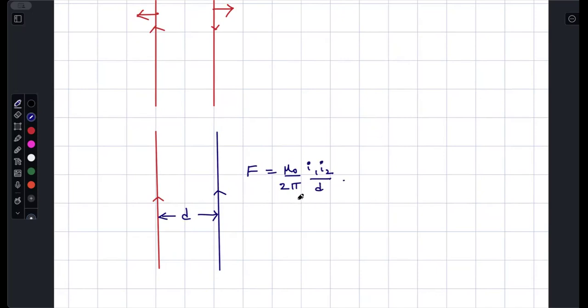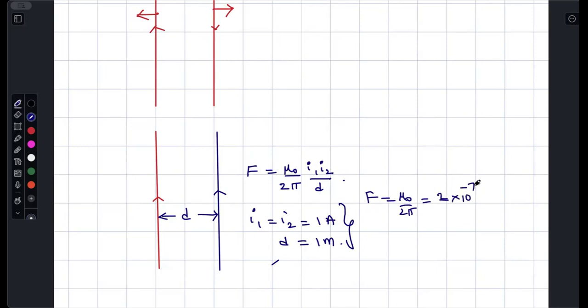Any doubt till this point, boys and girls? Now I am taking, let I1 is equal to I2 is equal to 1 ampere. Let d be 1 meter. By substituting this, F becomes mu naught by 2 pi, which is nothing but 2 into 10 to the power of minus 7 Newton per meter.